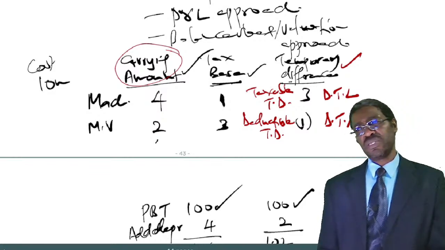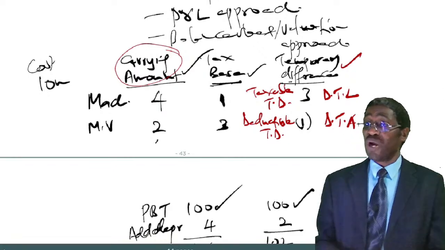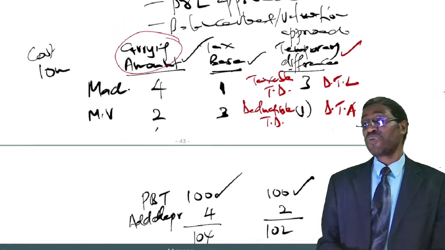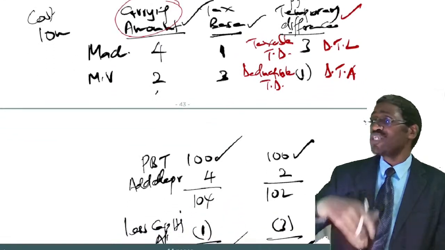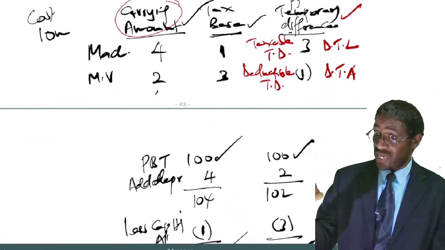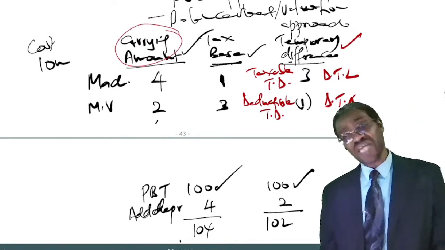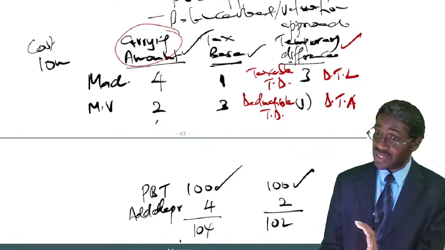Why? Because you will be required to pay more taxes in the future. The taxable profit will be 103 down here, well, I thought I'll pay tax on 100. So any taxable temporary difference creates more profit to the taxman in the future, so you create a liability now. Deductible temporary difference creates a deferred tax asset. Why?